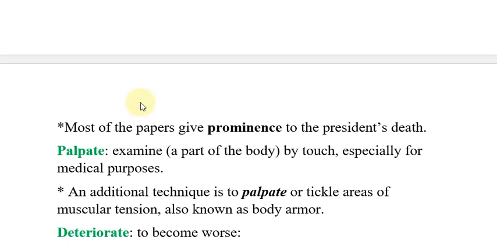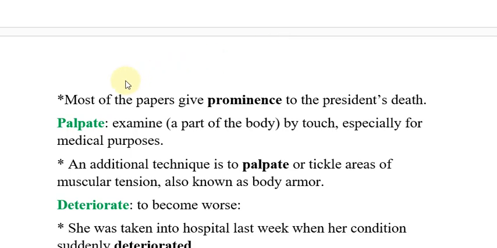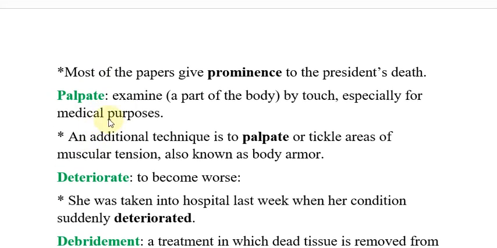Example, most of the papers give prominence to the president's death. Palpate. Examine a part of the body by touch, especially for medical purposes. An additional technique is to palpate or tickle areas of muscular tension, also known as body armor.